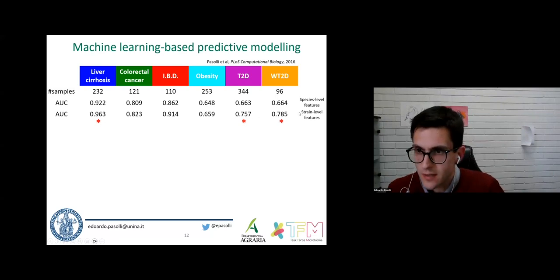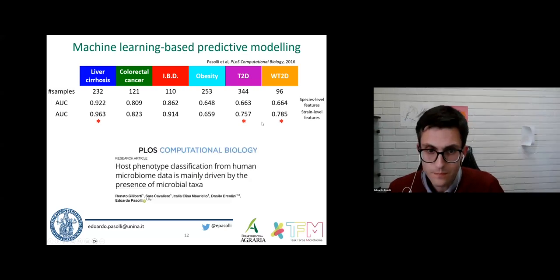It was also quite interesting to see what happens if we used some features at the strain level. These were not too advanced strain-level features, but still they provided a finer resolution than species-level features. In half of the cases, we were able to slightly improve the performances.